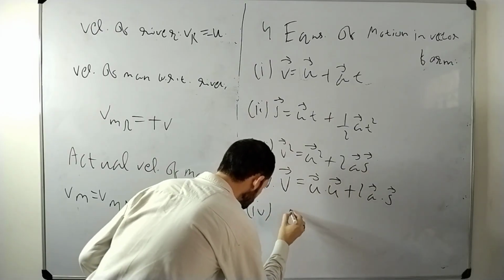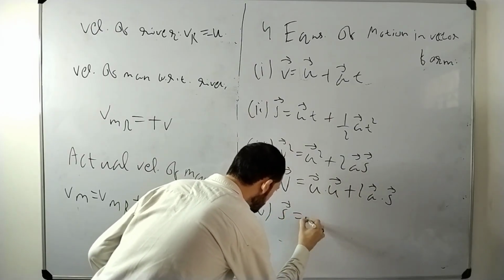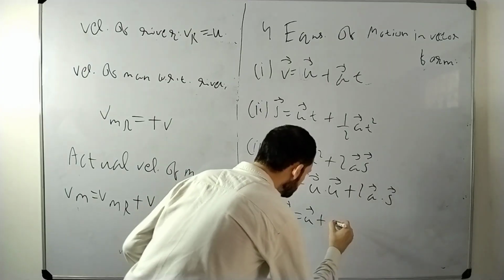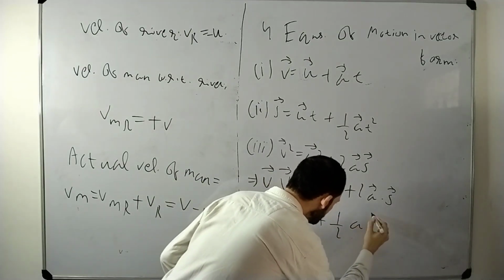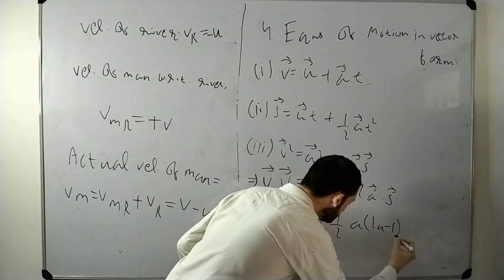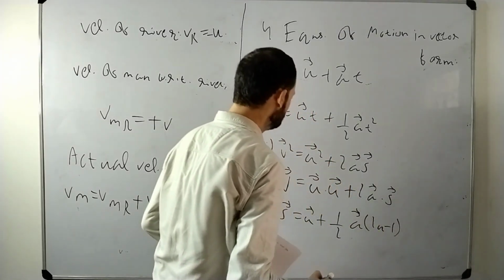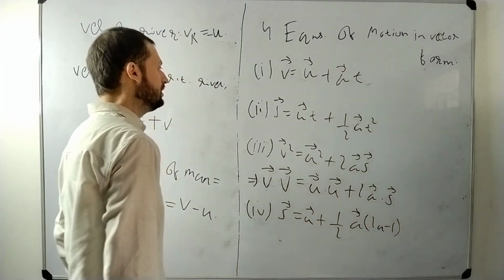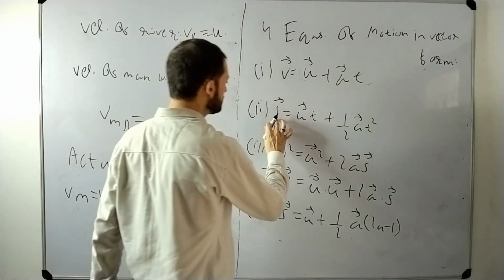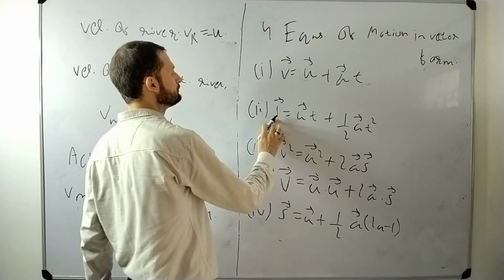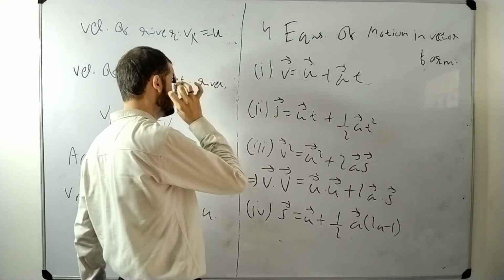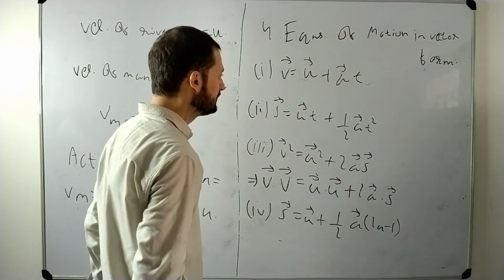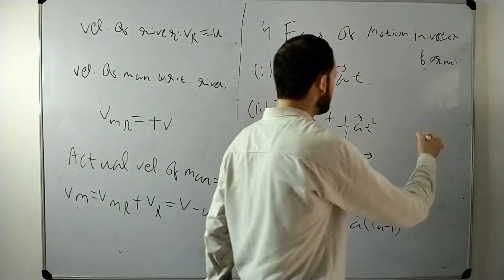Fourth, s equals u plus half a into 2n minus 1, again with acceleration. Now you would ask how this is becoming displacement.